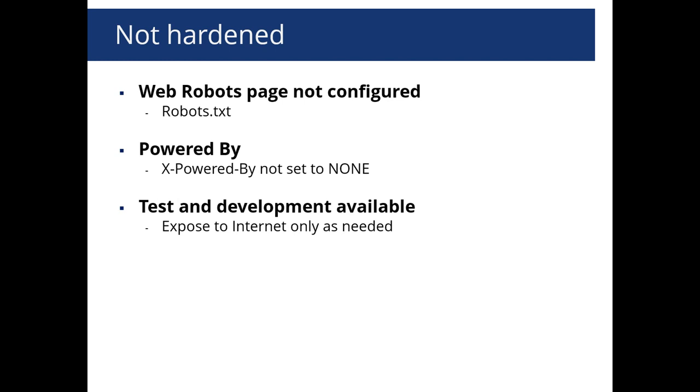Continuing on this, as far as attributes: the robots page not configured. Every website has a robots.txt page. This page gives instructions to indexers such as Google, Bing or Yahoo as far as what parts or pages should be indexed and which pages should not be.